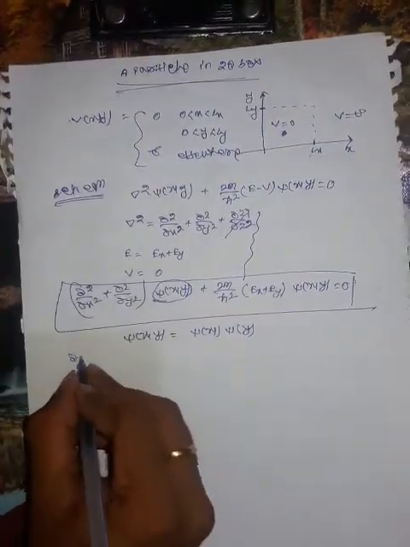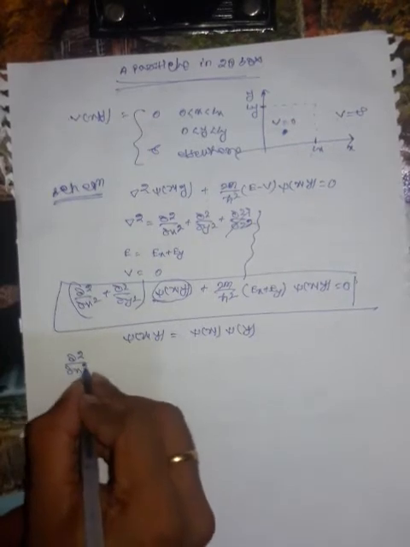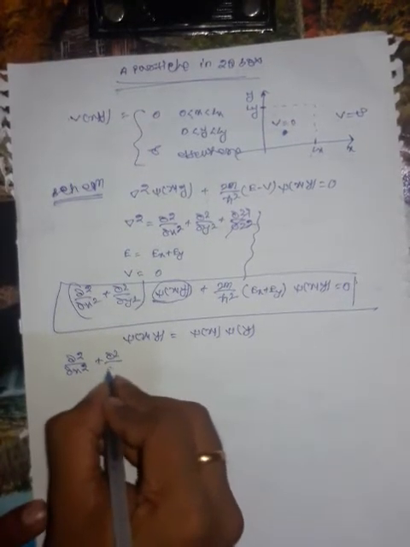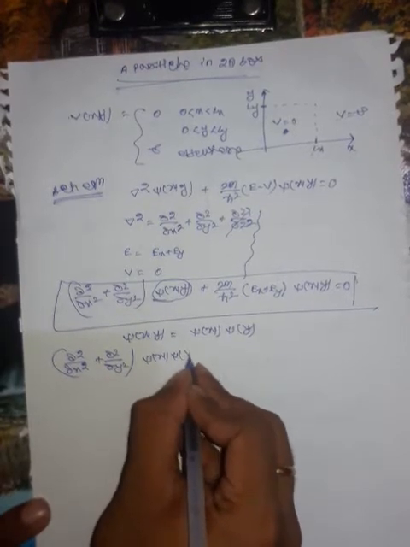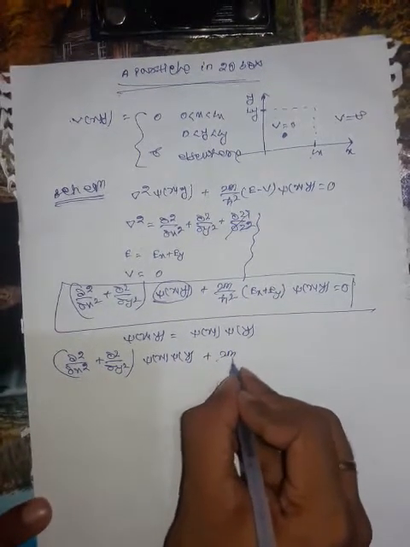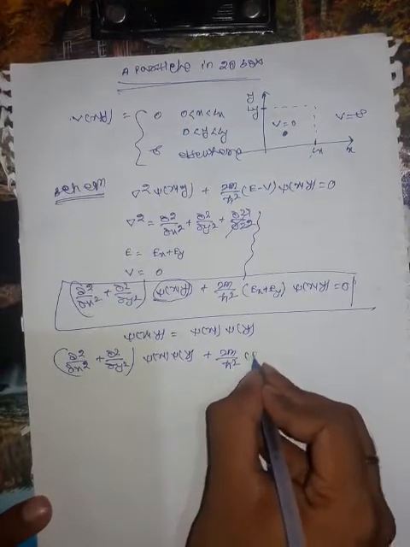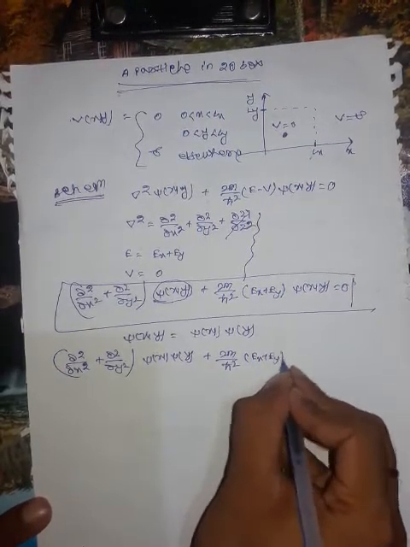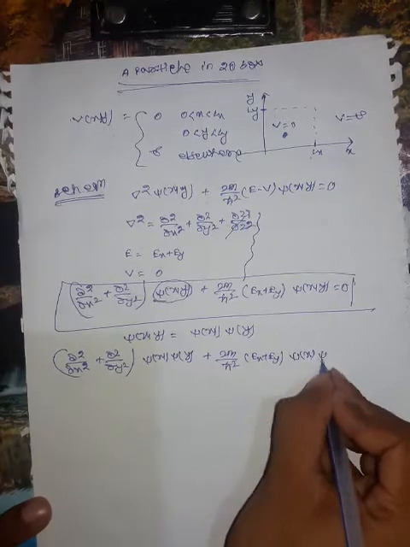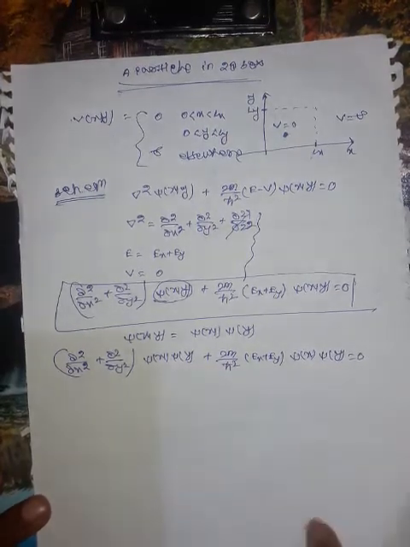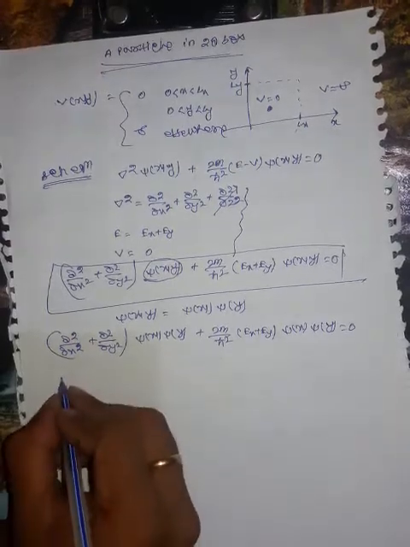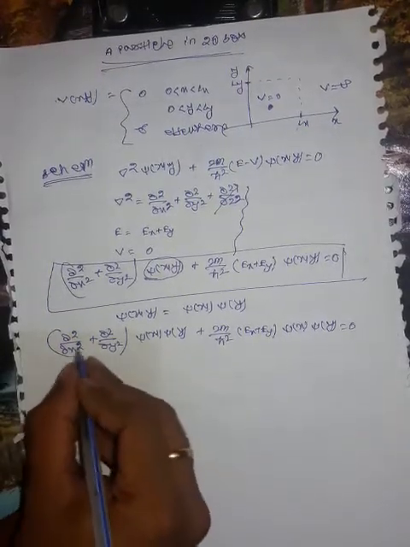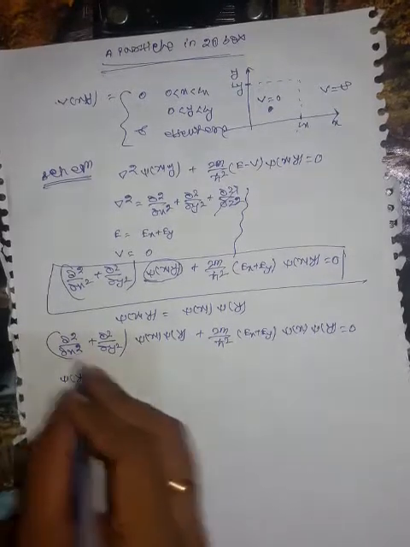So the above Schrodinger equation becomes dou square by dou x square plus dou square by dou y square, whole into psi of x into psi of y, plus 2m by h cross square (Ex plus Ey), whole into psi of x into psi of y, is equal to 0. Here the variable is x, so psi of x is differentiated, and psi of y is taken outside.